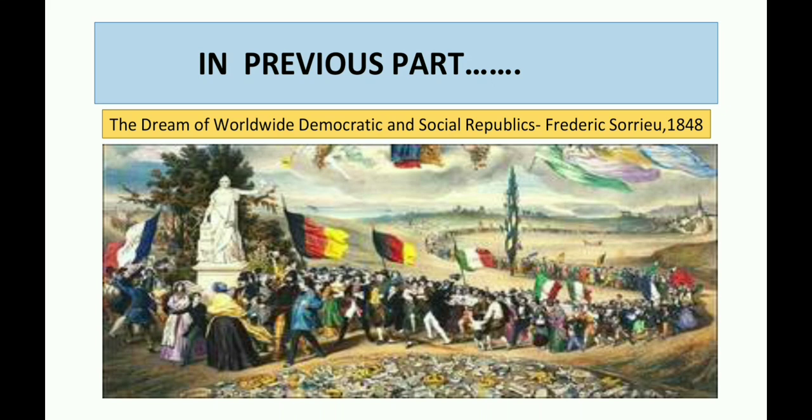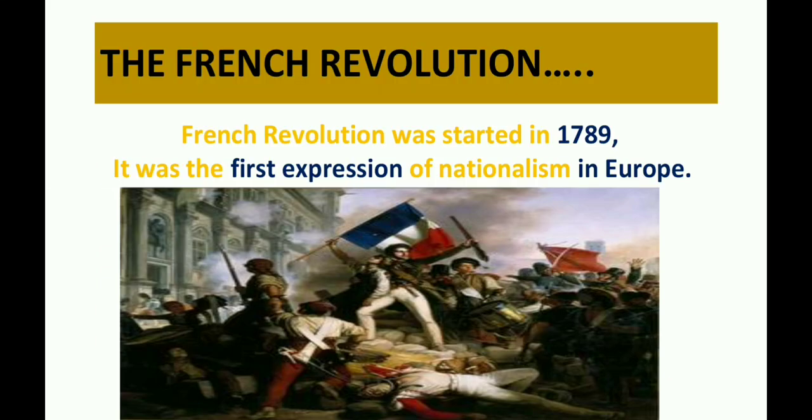During the 19th century, Europe was undergoing a phase of transition. In class 9th, we have already read that the first visible expression of nationalism was the outbreak of the French Revolution in 1789.